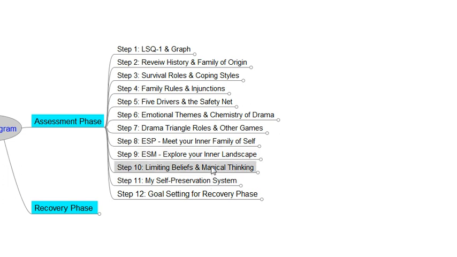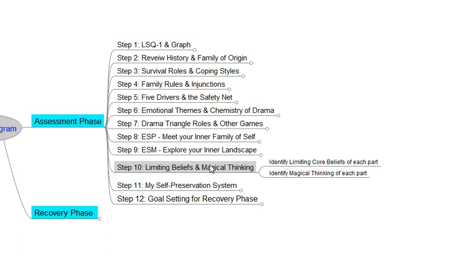And then we also, throughout the process, will be gathering evidence of our core limiting beliefs. Maybe beliefs that I'm not lovable, I'm not worthwhile, I'm not good enough, I'm less than, I'll never be okay, I'll never get what I want, I'll never get what I need. Those limiting core beliefs and magical thinking of childhood can dog us into adulthood and cause problems in our relationships.